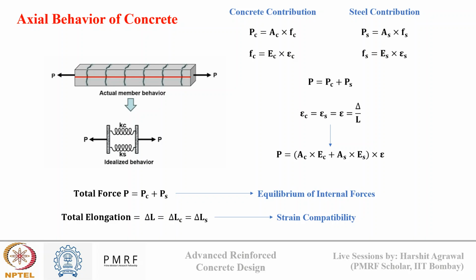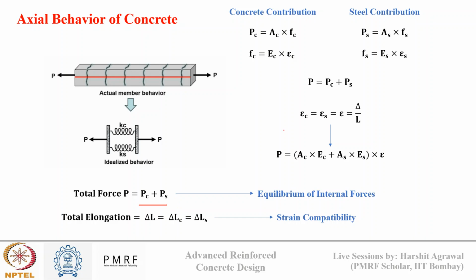In RC, this means the total strain in reinforced concrete is equal to the strain in concrete is equal to the strain in steel, and this is known as strain compatibility. And second, the total force taken by reinforced concrete is the sum of the force taken by steel and concrete. This is known as equilibrium of internal forces.